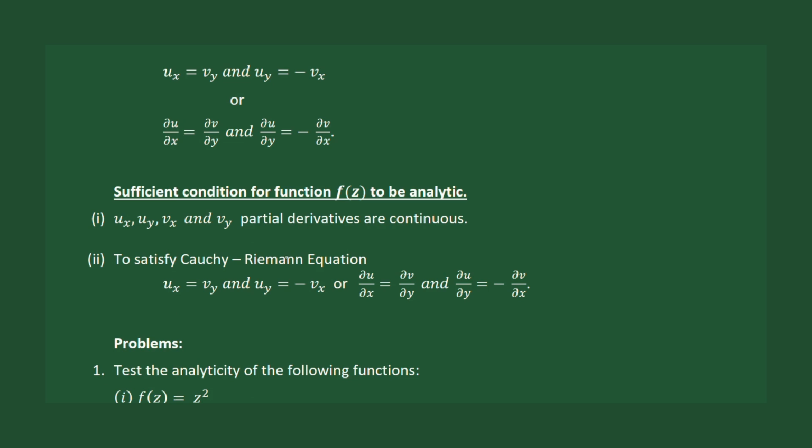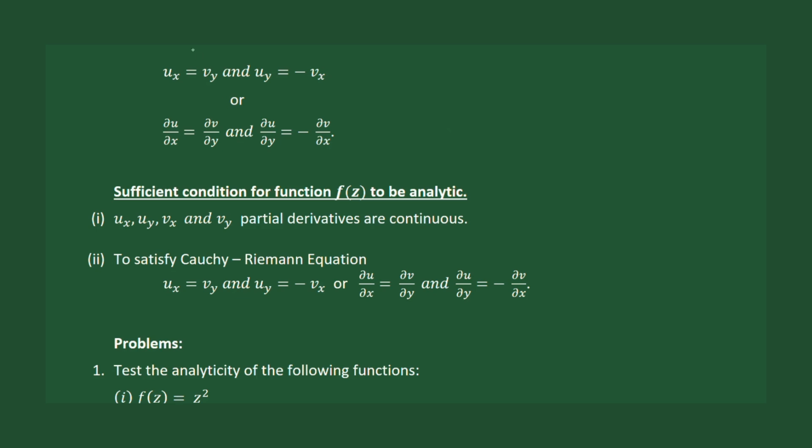Talking about analytic function, we want to know the necessary condition and sufficient condition for the function to be analytic. The first one gives the necessary condition. We already saw what the Cauchy-Riemann equation is. The Cauchy-Riemann equation is called the necessary condition for the function to be analytic, which means that for a function to be analytic, it should definitely satisfy the Cauchy-Riemann equation.